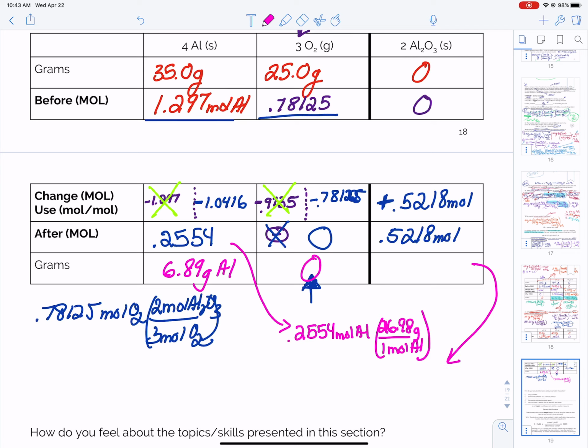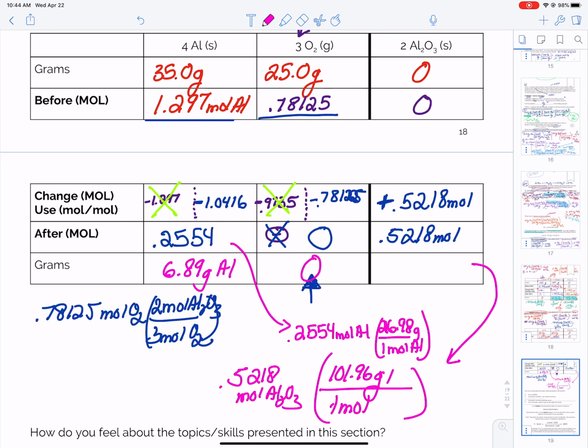And then this guy down here, 0.5218 moles of Al2O3, convert that to grams. 1 mole is equal to 101.96 grams of Al2O3. And what does that equal? 53.104. So, significant figures here, I just got 3. Let me erase that.